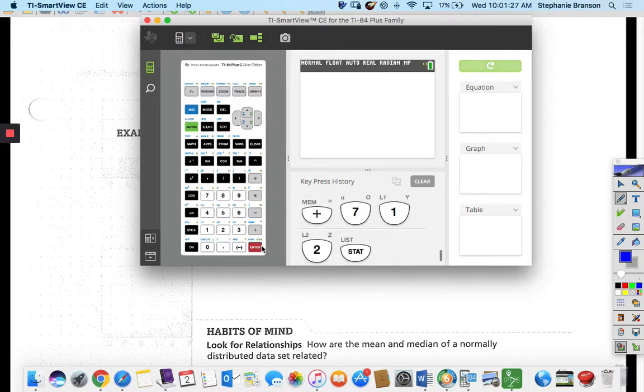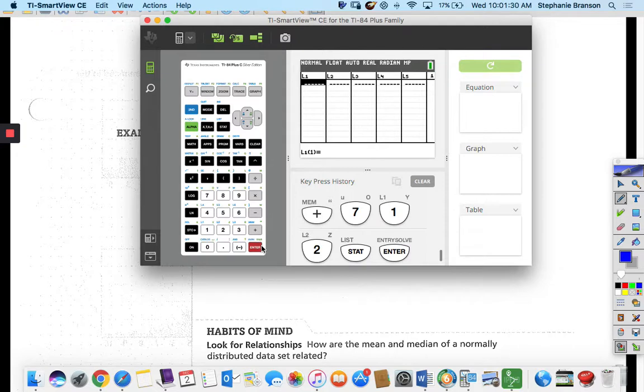Stat, edit, 20, 17, 17, 12, 18, 21, 19, 18, 13, 14, 17, 23, and 25.